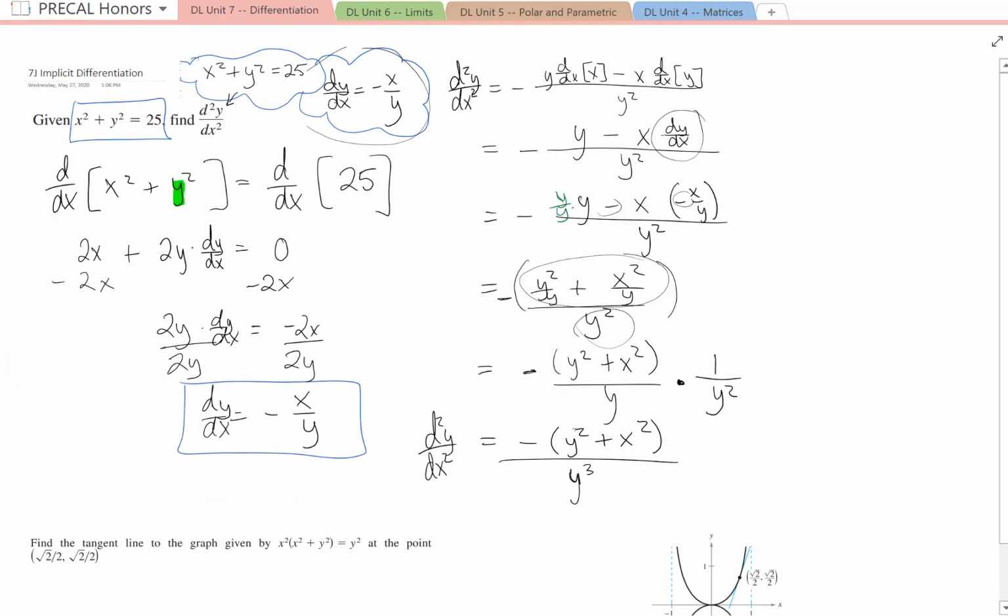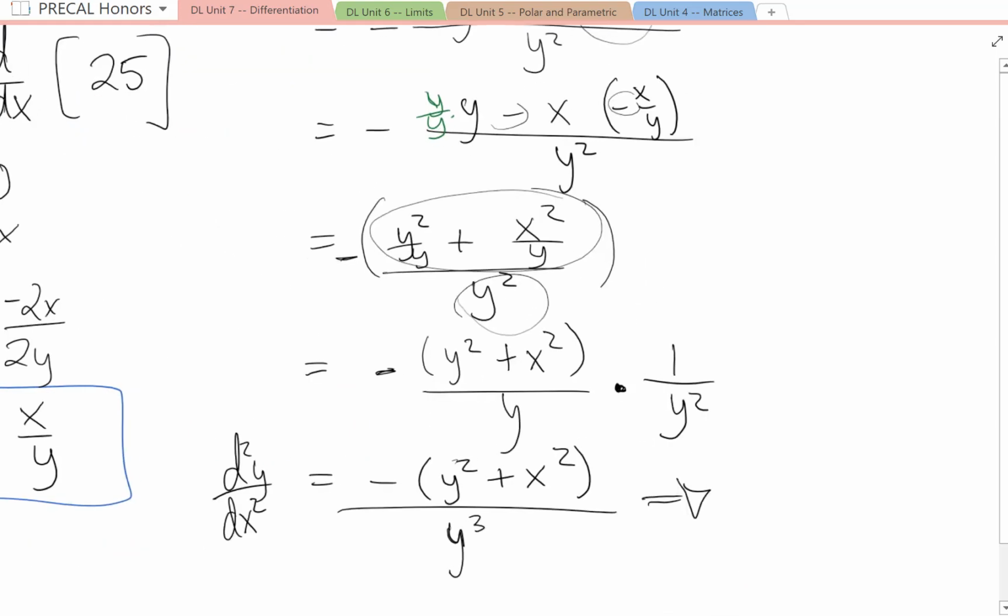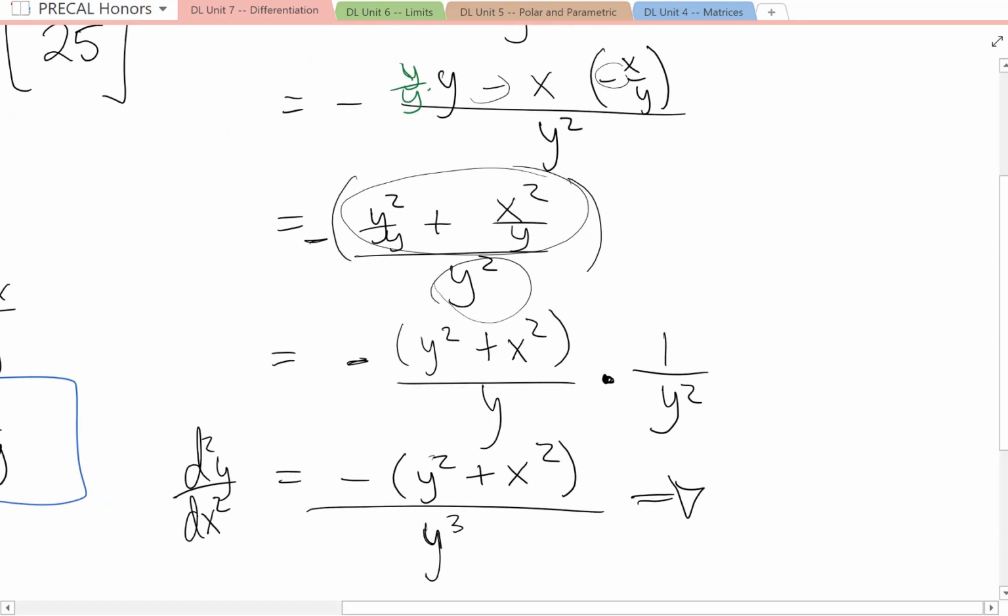And if you notice, x squared plus y squared is equal to 25. So I can actually simplify the second derivative to be negative and then replace this quantity with its equivalent, which is 25, over y cubed.